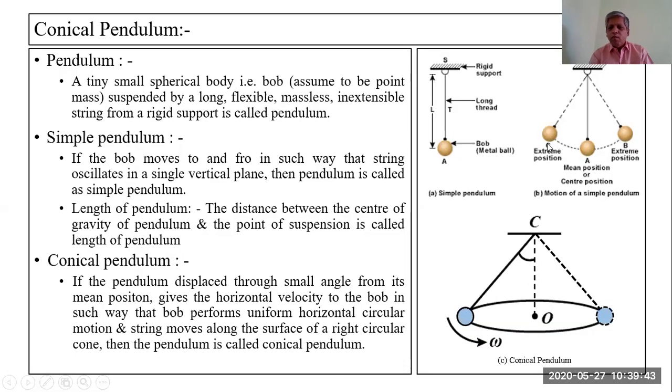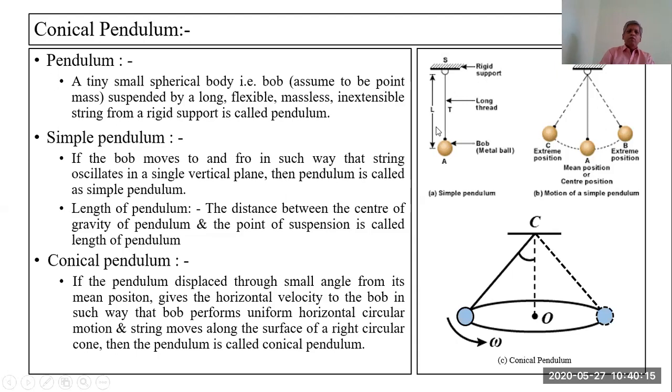When the pendulum moves to and fro in such a way that the string oscillates in a single vertical plane, then the pendulum is called the simple pendulum. The distance between the center of gravity of the pendulum and the rigid support is called the length of the simple pendulum. Remember this thing.